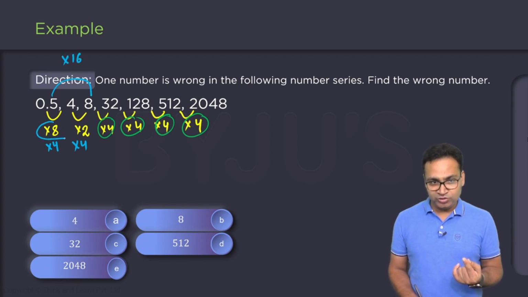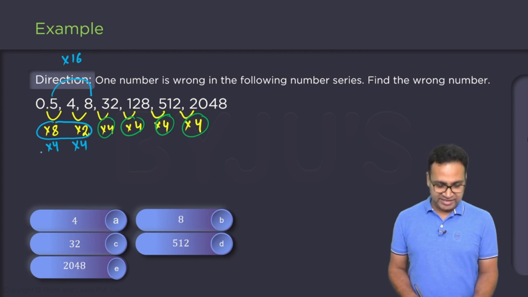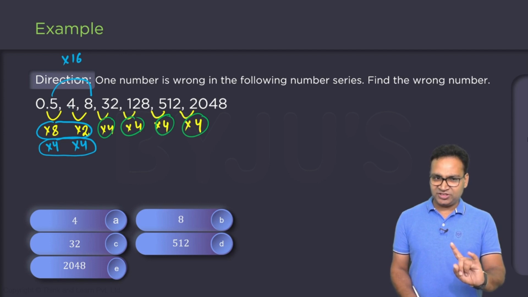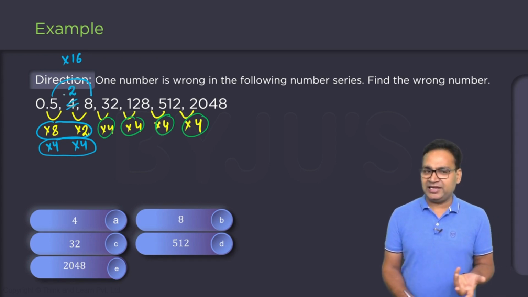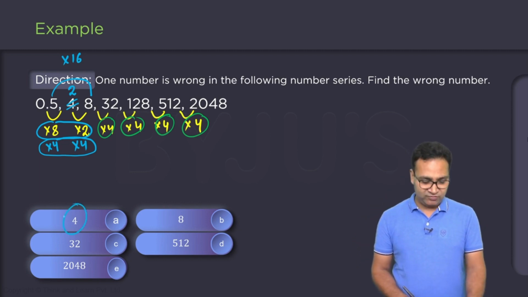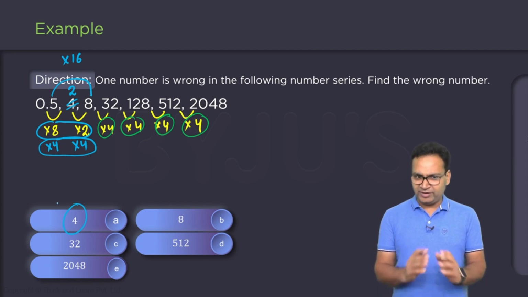Now 8 into 2 is 16, as well as 4 into 4 is also 16. That means if I just correct this number as 2, everything else will be correct. So what is the wrong number? Wrong number is 4. Did you get my point?